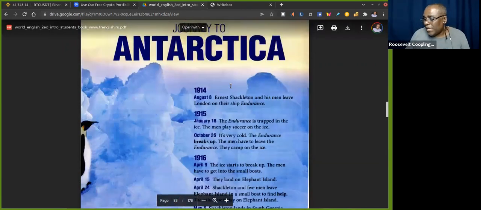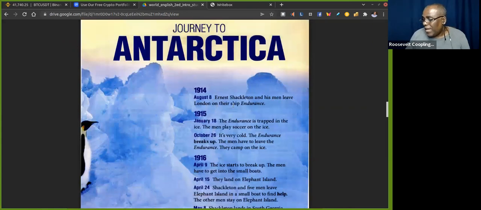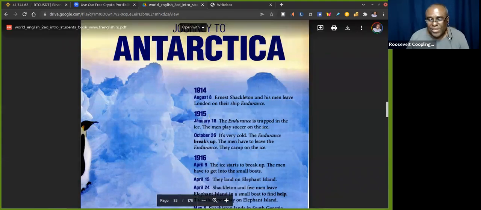And to go back home, take a look here. Ernest Shackleton and his men leave London on their ship Endurance. So they left in 1914, and we don't know how long they took until they got there. I don't believe it was 5 or 6 months in the ocean. It's a very difficult situation, okay?